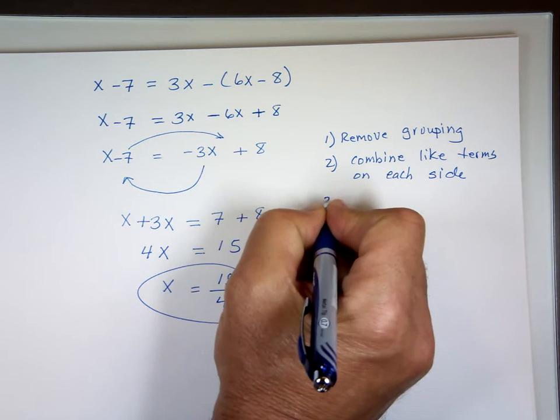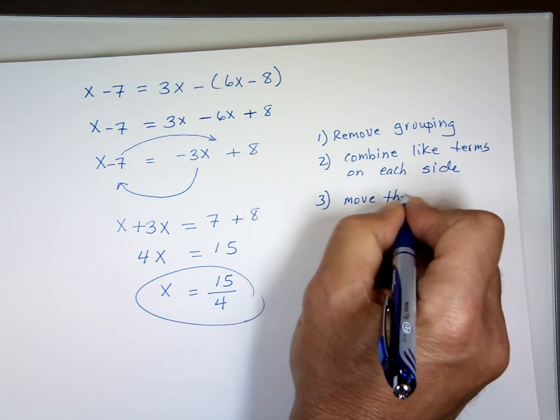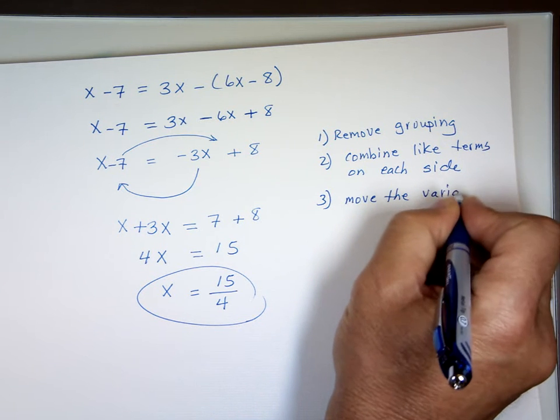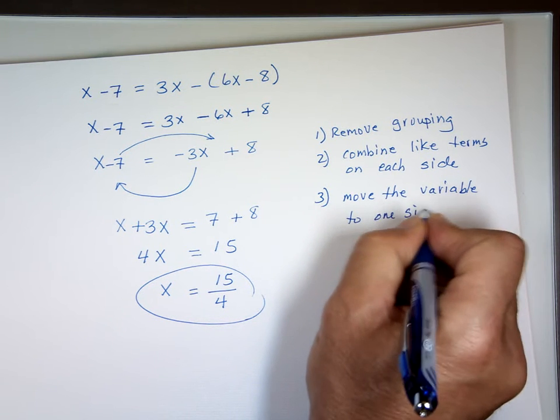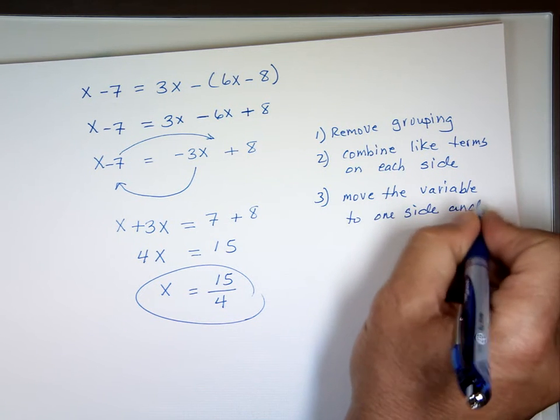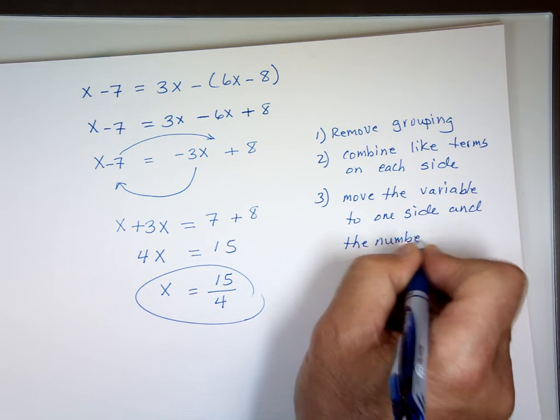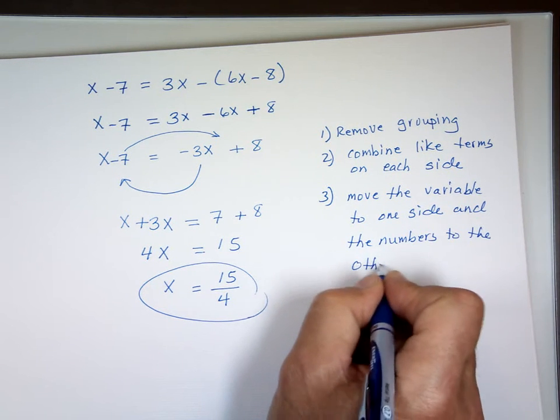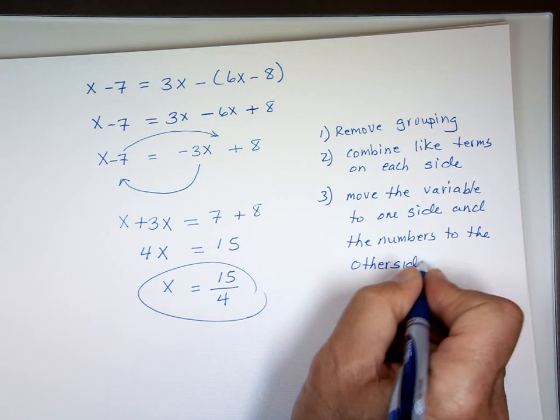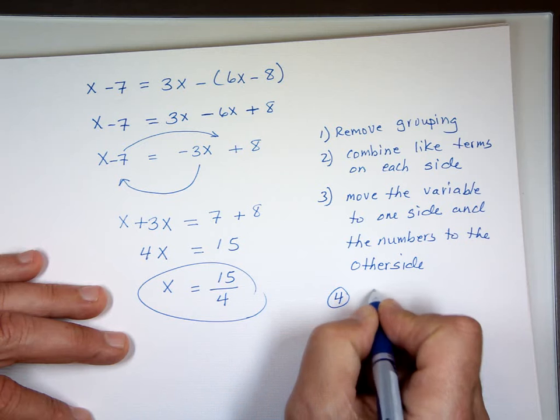Step number 3, I move the variable, I don't want to say x, could be y, to one side, and the numbers to the other side. And once I did that, the last step is solve for x, solve for the variable.